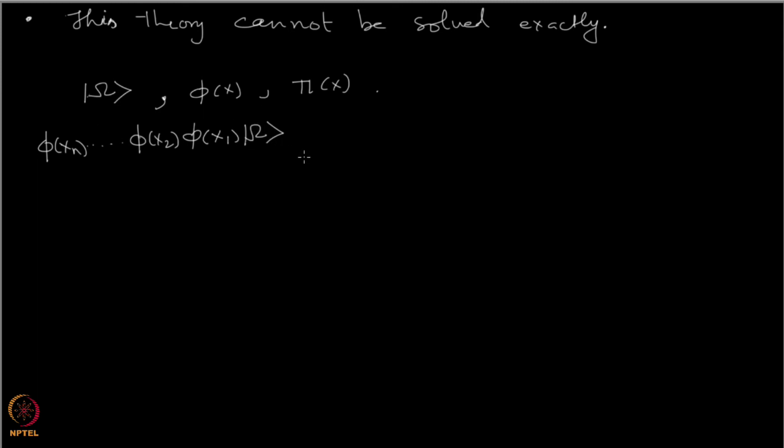Now the question that you will ask in quantum theory is, what is the probability amplitude that a state like this has an inner product with some other state? So you have created one state like this, and you have another state, phi y1, phi y2, up to phi ym, acting on the vacuum, and you want to know the inner product between these two states.